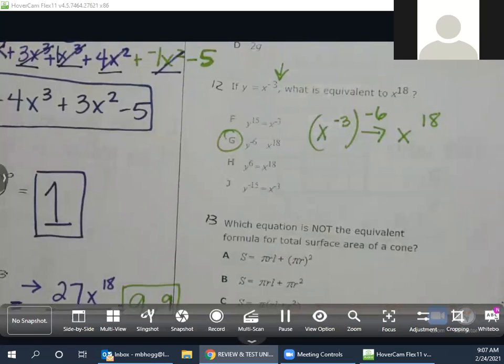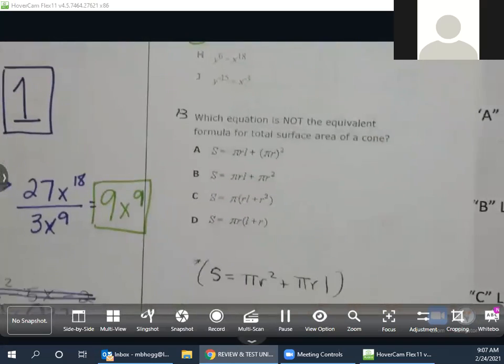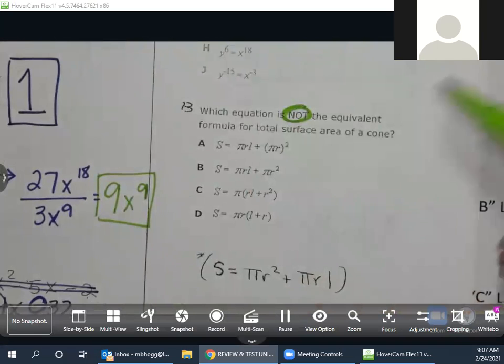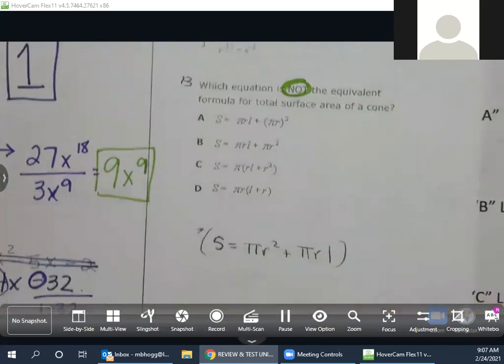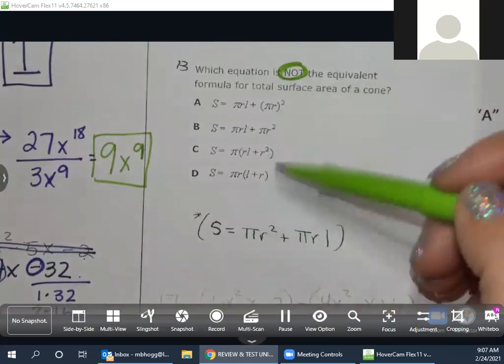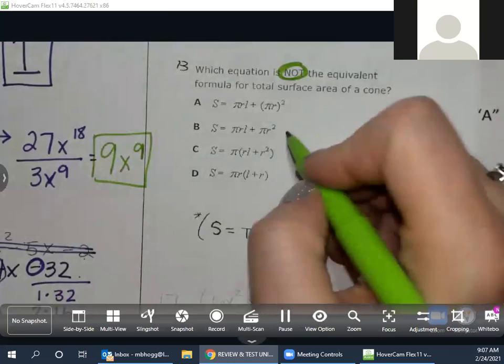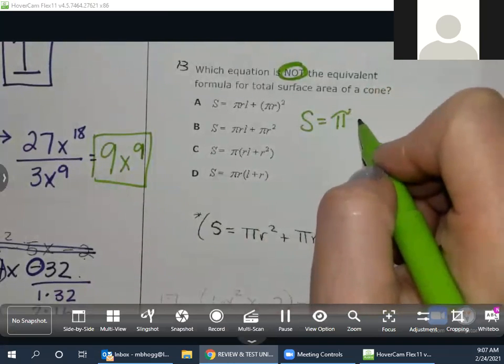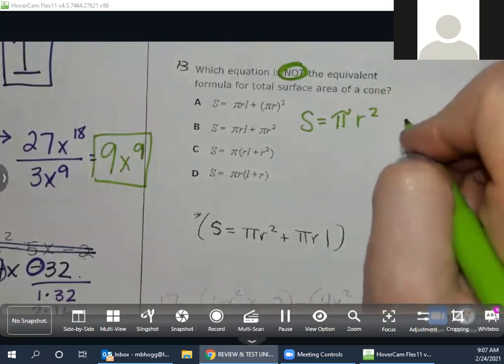Okay, number 13. Which equation is not, ooh, this is a not one. Those are always tricky. Which is not the equivalent formula for a total surface area of a cone? Okay, this is dumb. You get these formulas. The surface area of a cone is this. So you would have this written down on your paper, or I would give this to you.